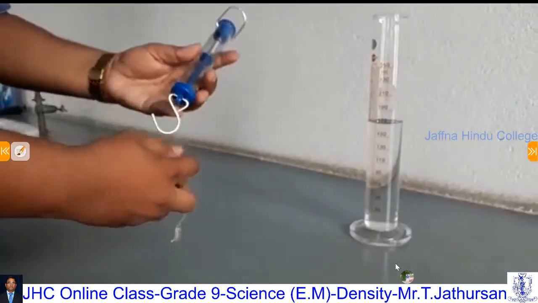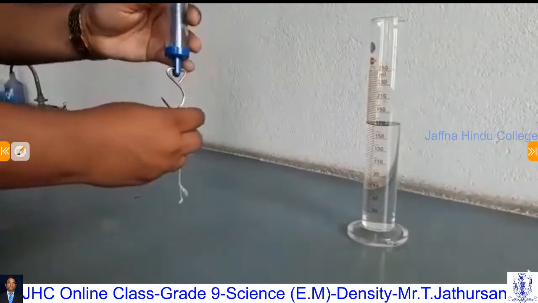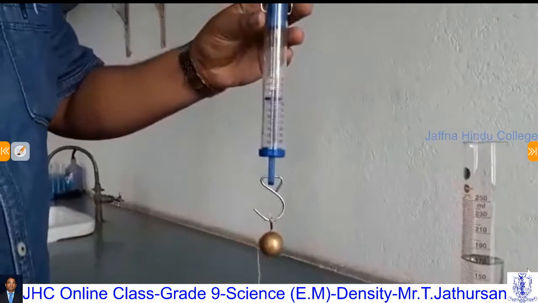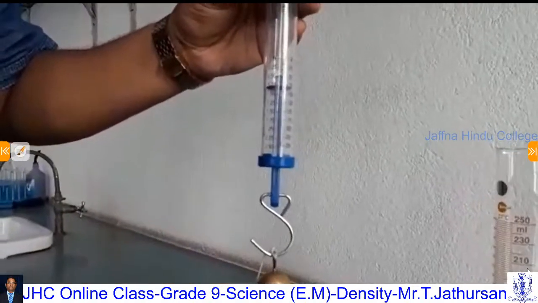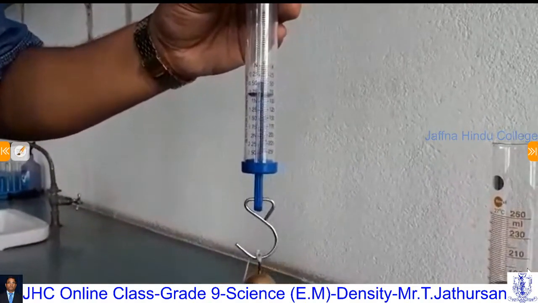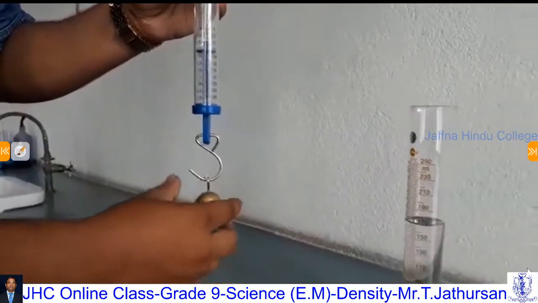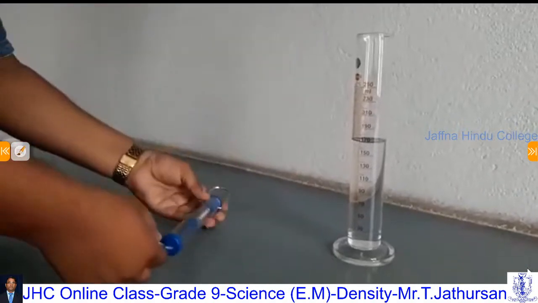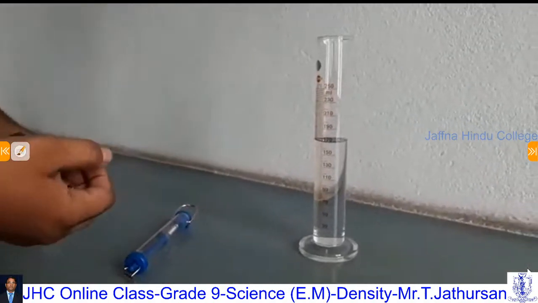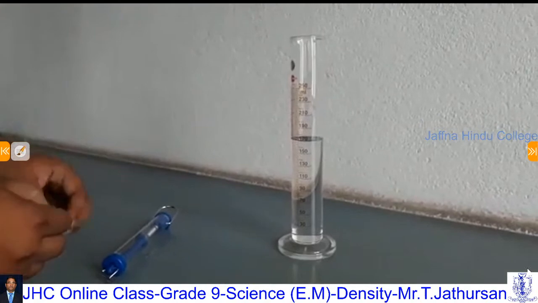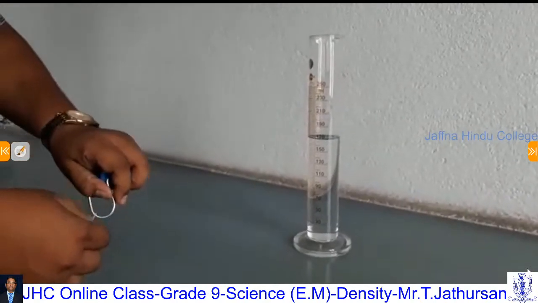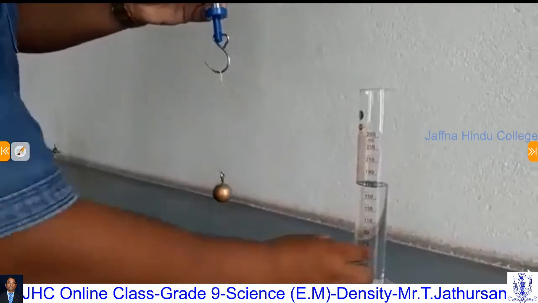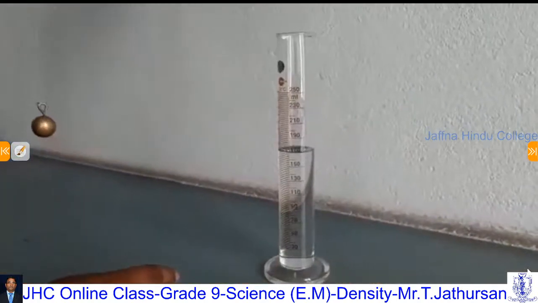So first we have to find the mass of the object, and we can see the mass of the object is coming nearly 70 gram. Now we have to measure the volume of the object by inserting it inside the liquid.